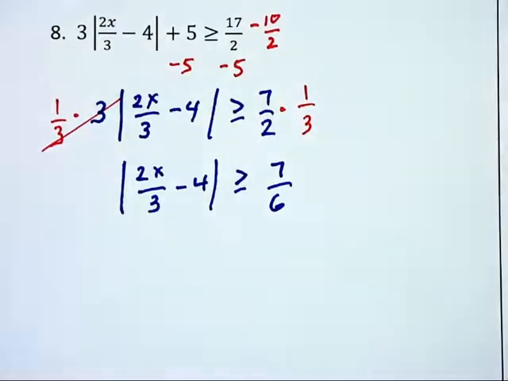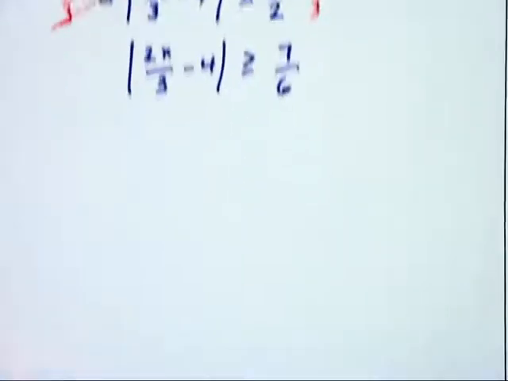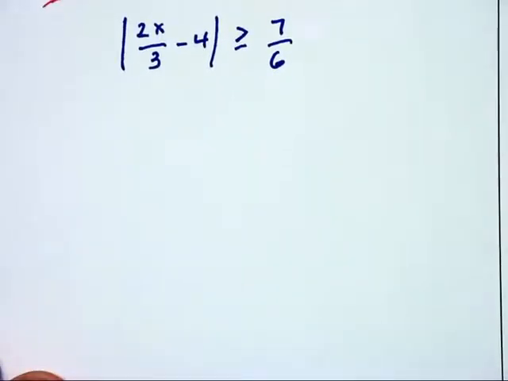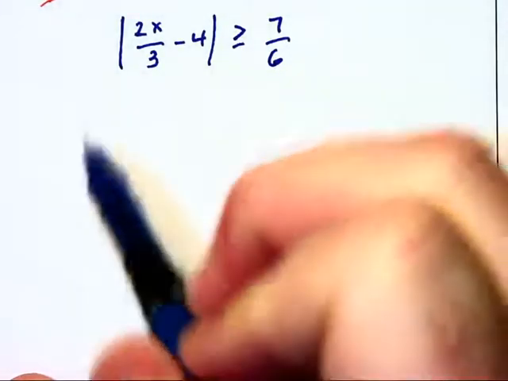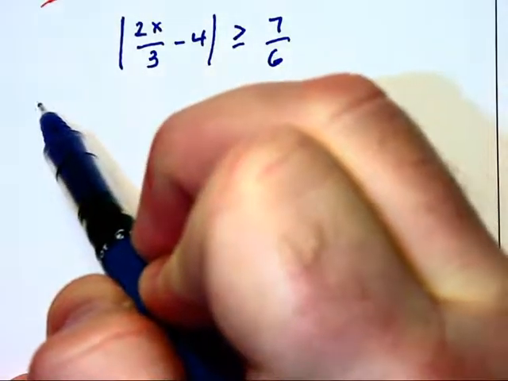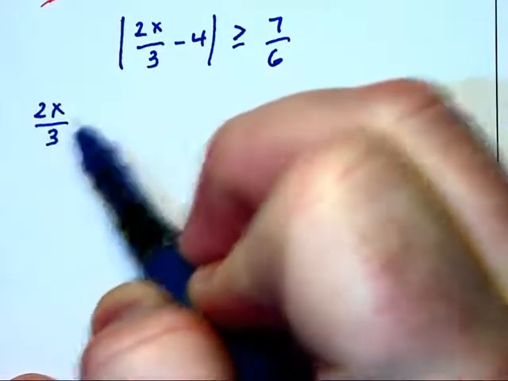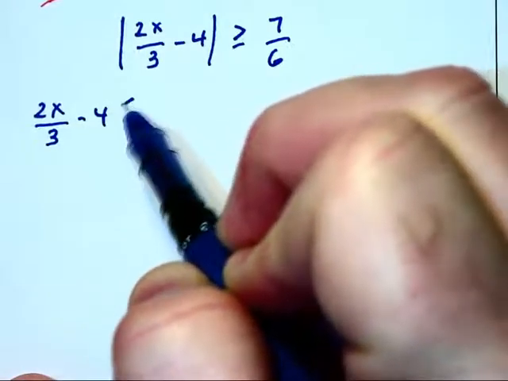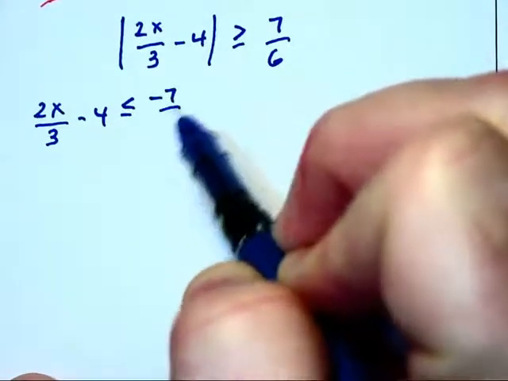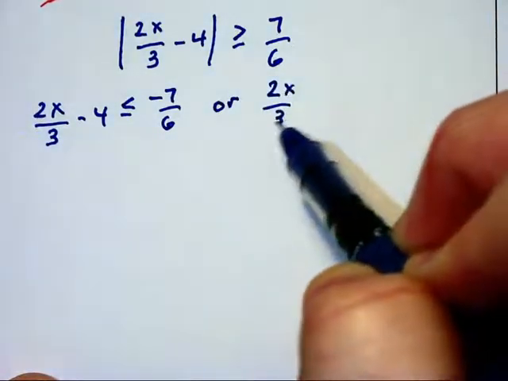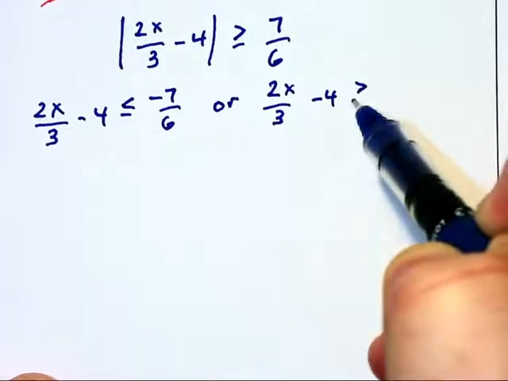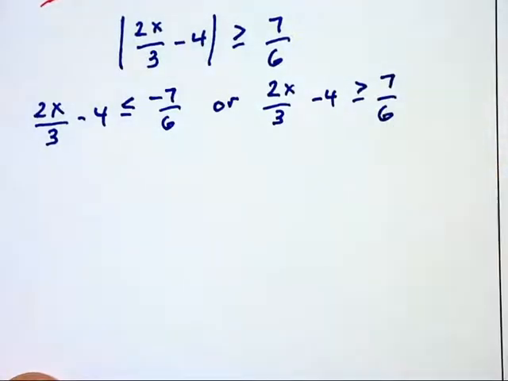Now we've isolated the absolute value on the left. Now we can apply the third property and write this as two separate inequalities. 2x over 3 minus 4 is less than or equal to negative 7 over 6, or 2x over 3 minus 4 is greater than or equal to 7 over 6.